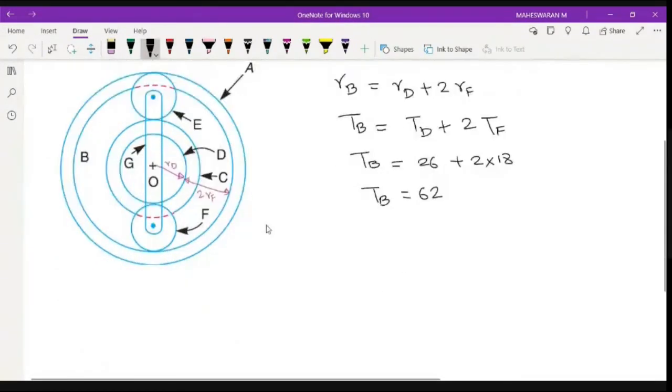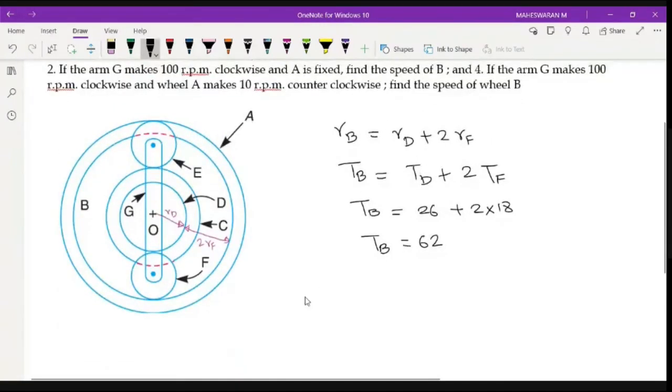Can I write the same relation for A? RA is equal to RC plus 2 RE.